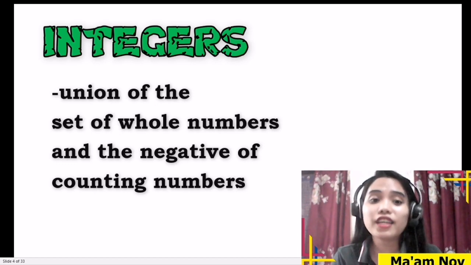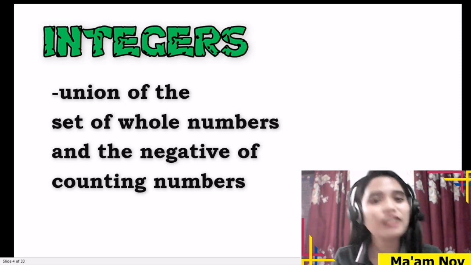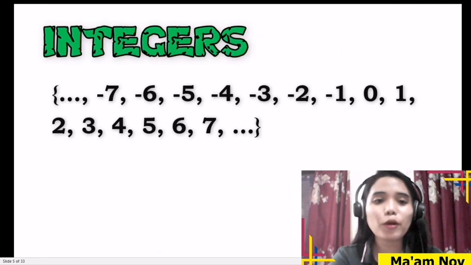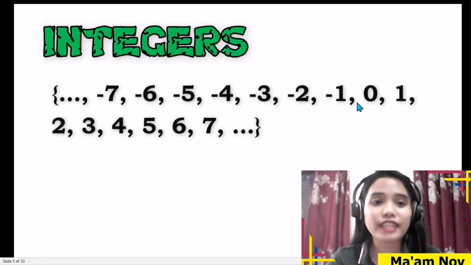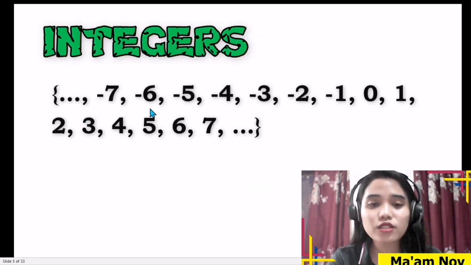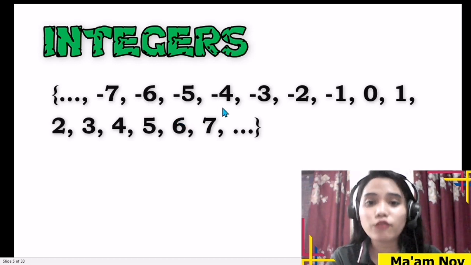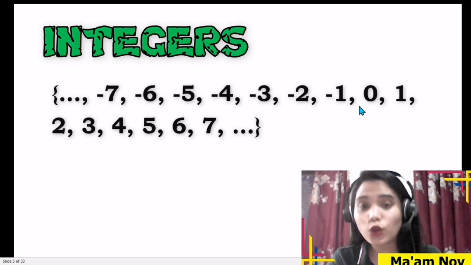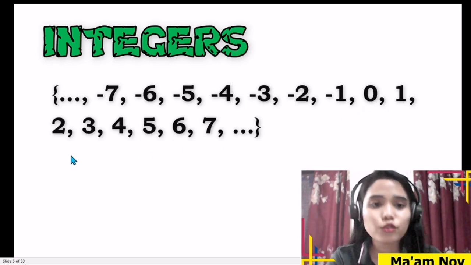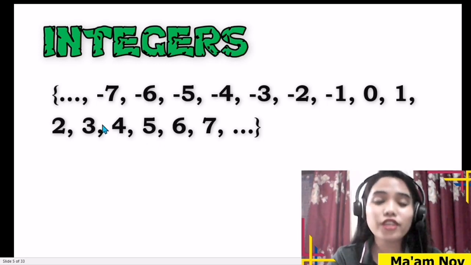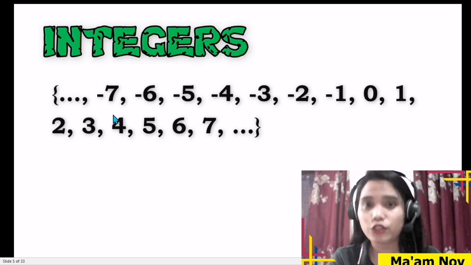Meaning, negative of counting numbers is negative 1, negative 2, negative 3, negative 4, and so on. Example, we have here negative 7, negative 6, negative 5, negative 4, negative 3, negative 2, negative 1, 0 is included, 1, 2, 3, 4, 5, 6, 7, and so on. So, these are examples of integers.